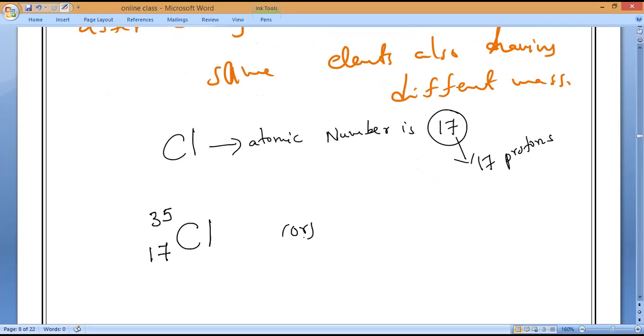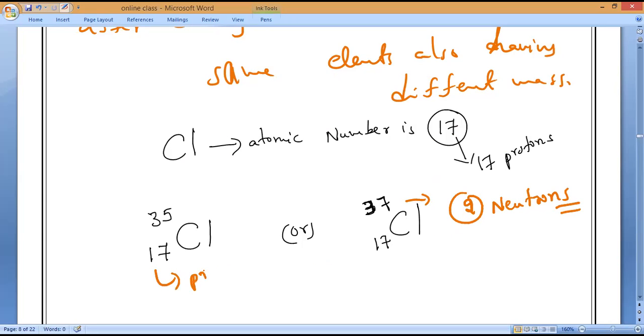One more chlorine if you take, chlorine can be present with the same number of protons, but 2 neutrons extra. 2 neutrons extra means how much will it come? Anybody? 37 will come. Understanding? Here, 2 neutrons are extra. Neutrons can be extra or less, but protons cannot be changed.